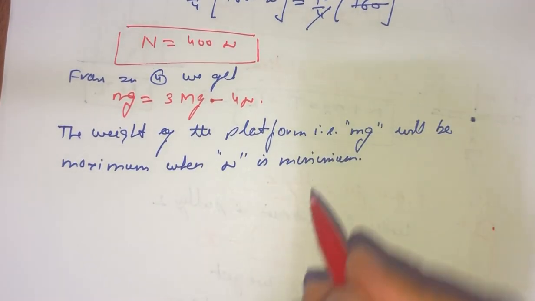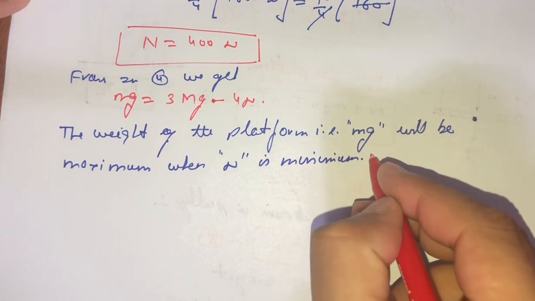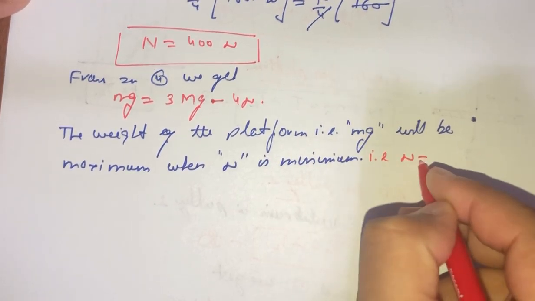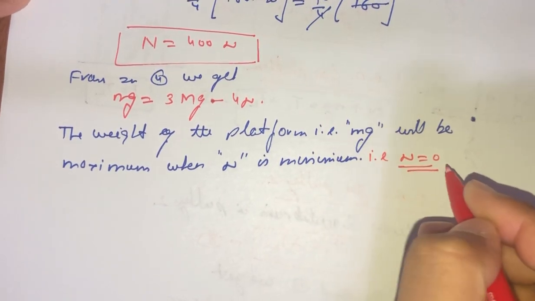Okay, and minimum means that normal is equal to 0.